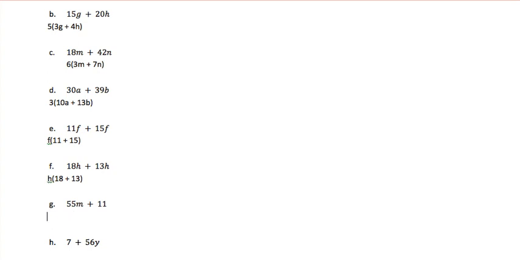And then in letter G, we have 55m plus 11. Well, 11 goes into 55 and into 11, so that'll be our greatest common factor. 11 times 5m equals 55m, and 11 times 1 equals 11.